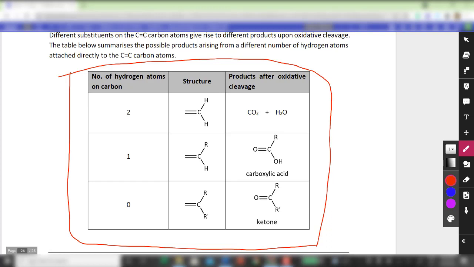Now when oxidative cleavage occurs, generally the C=C double bond is being cleaved. Remember the mechanism is not important, so we just need to know that the C=C double bond is being cleaved, which is probably more important than anything else.